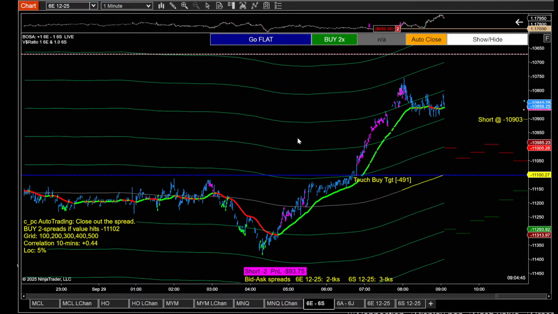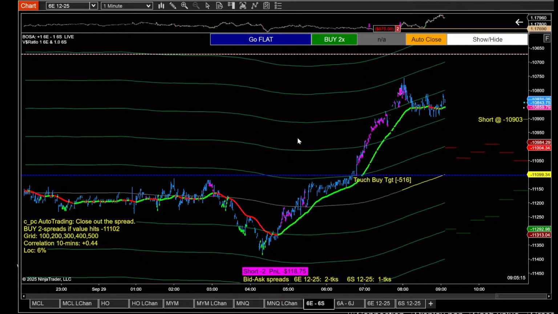If I was just holding a contract of the 6E, spikes could definitely move against you in that kind of black swan event and cause a huge drawdown. So this is how people would trade before we had stop losses in electronic markets. You have basically a built-in stop loss. You're protecting your position by covering it with a hedge.